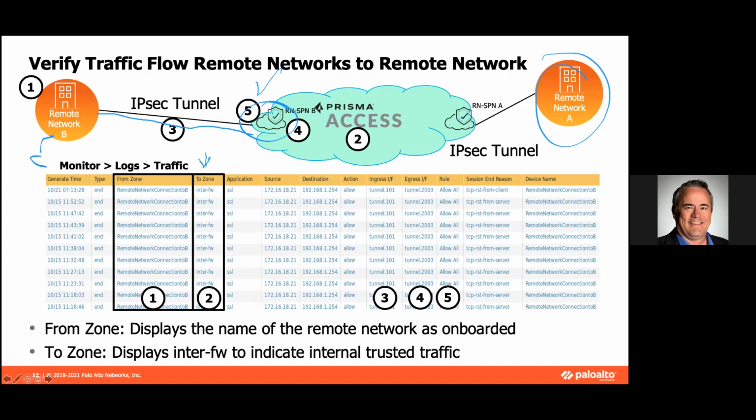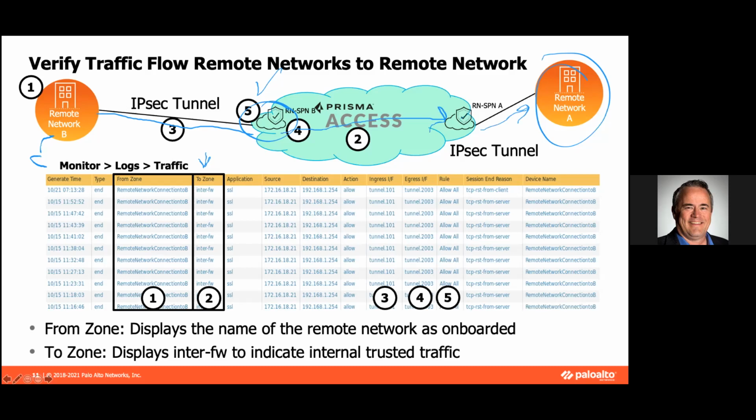It's being forwarded within Prisma Access. Now it's going to travel through Prisma Access to the RN SPN at site A, go down the IPsec tunnel, and the user at the other end or the device at the other end is going to get the traffic, respond back, and it's going to go back through.